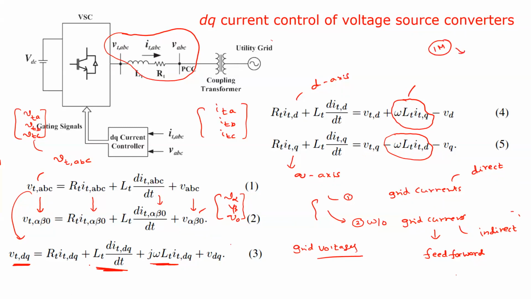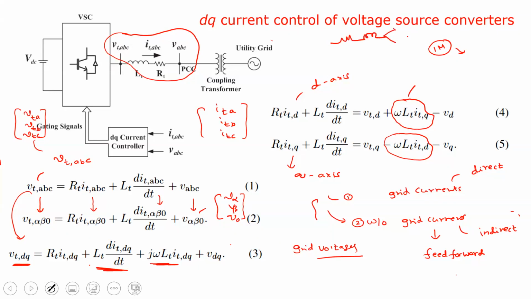How will we represent this in the equivalent circuit? You will model the induction machine something like this, right?